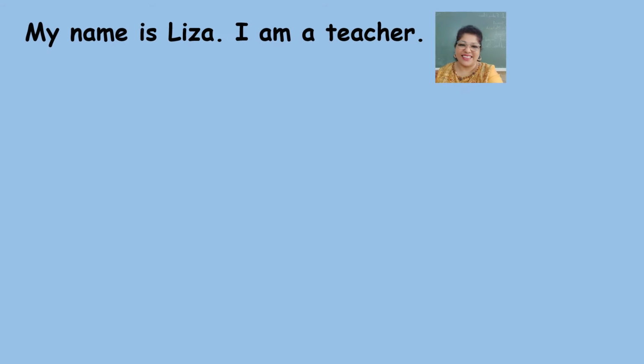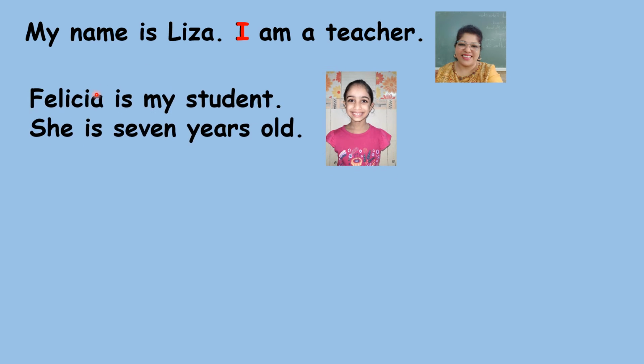Now let's do a few examples of the singular pronouns. My name is Lisa. I am a teacher. When you talk about yourself, you have to use the pronoun I. Now here I am talking about a girl.